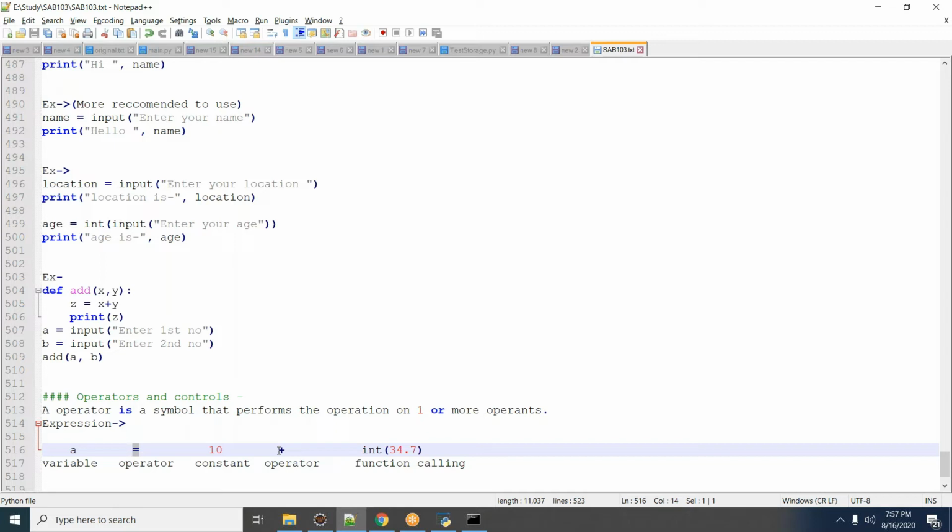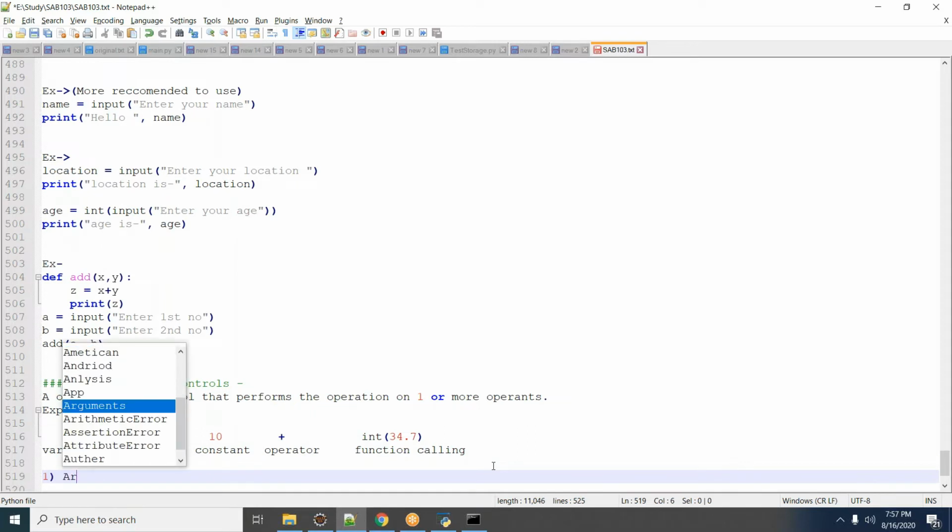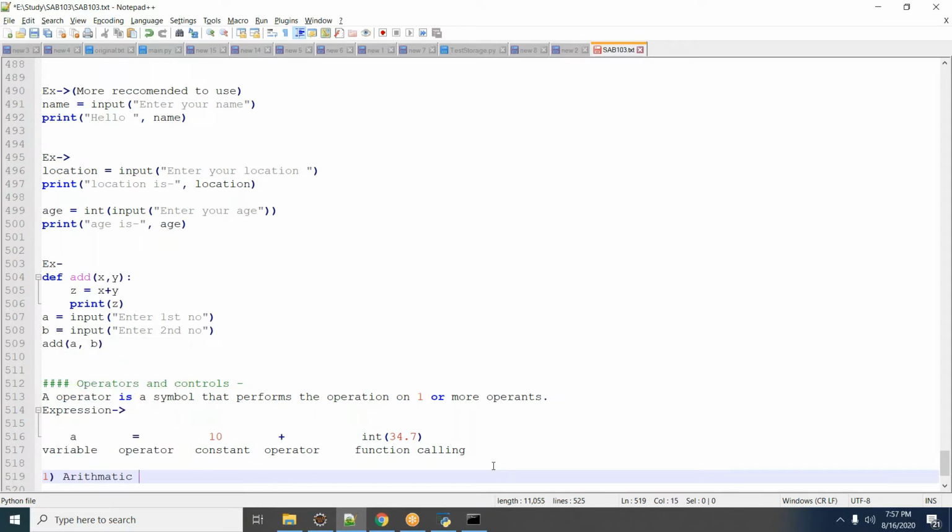So now we will be learning what all operators we have. First we have arithmetic operators.